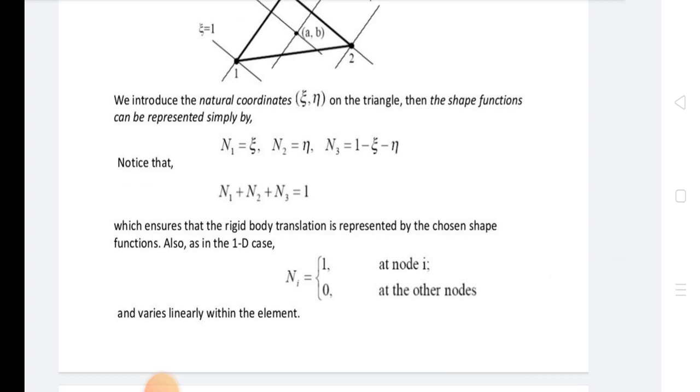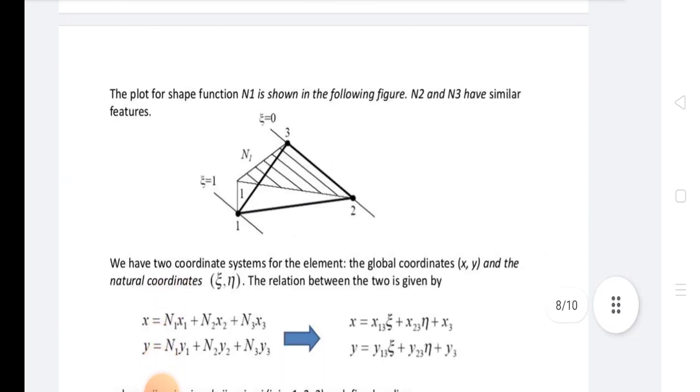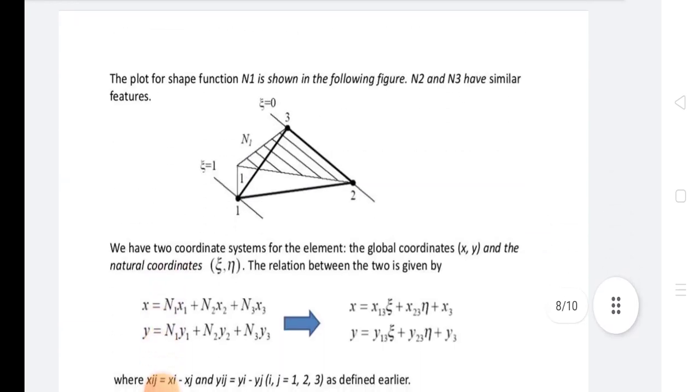Also, as in the 1D case, N1 is equal to 1 at node 1 and 0 at the other nodes and varies linearly within the element. The plot for shape function N1 is shown in the following figure. N2 and N3 have similar features.